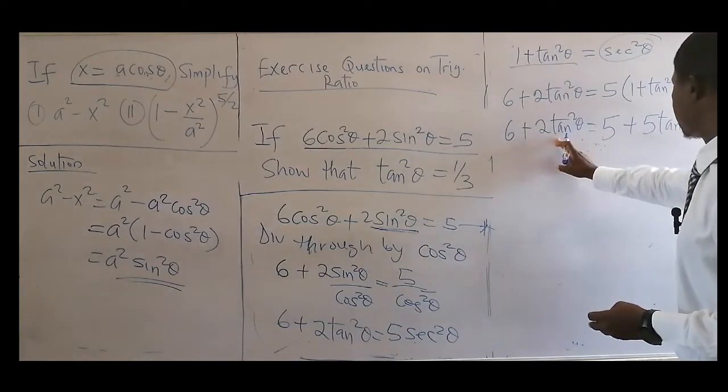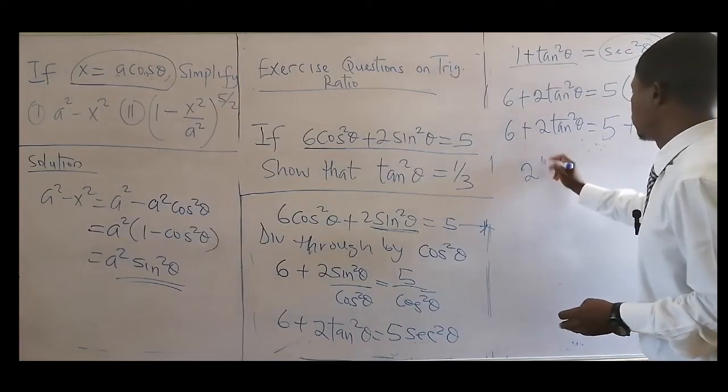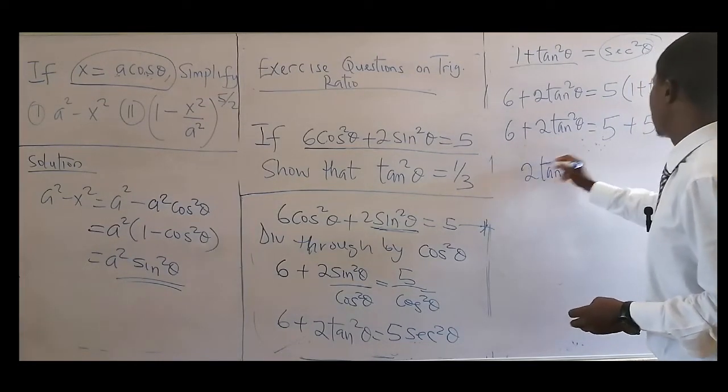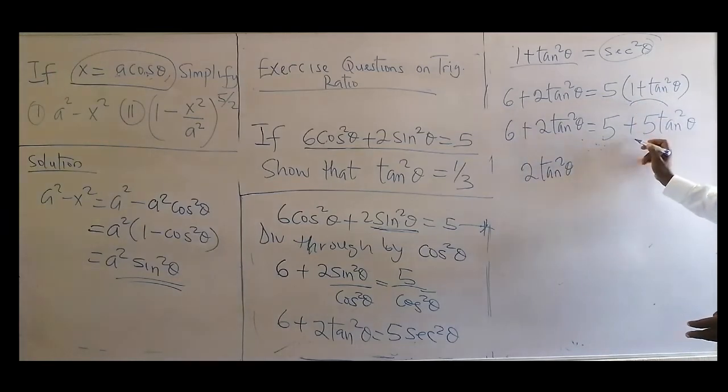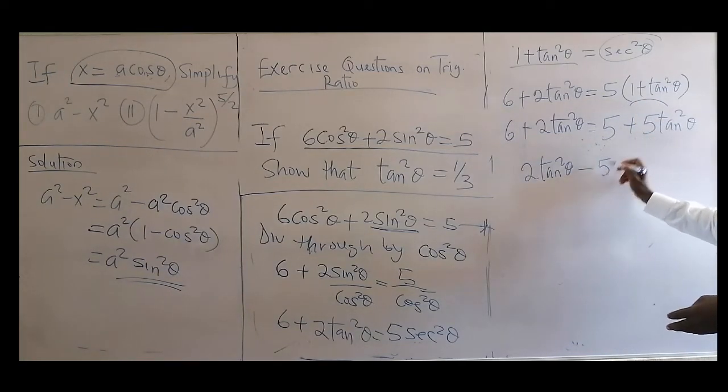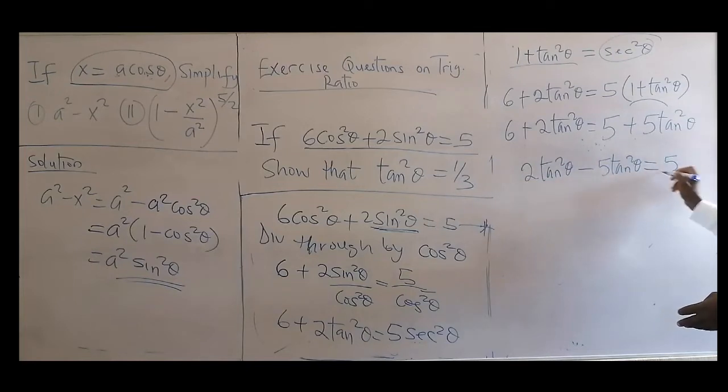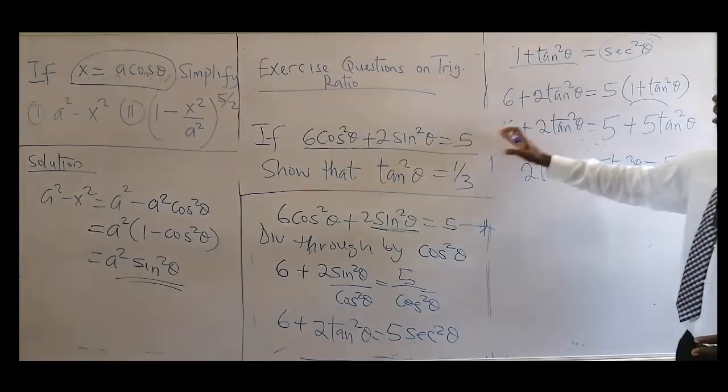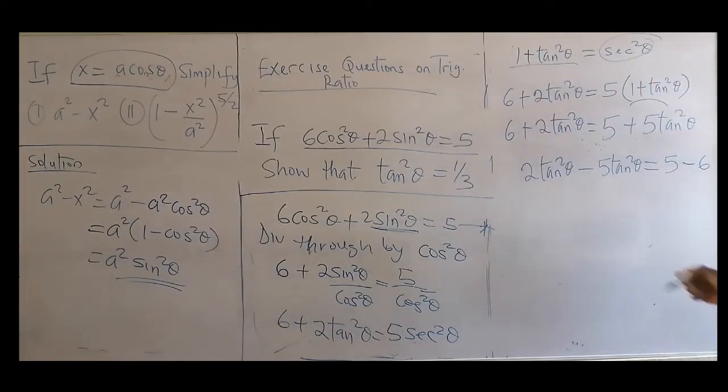So we have 2 tan squared theta. This one, let's go to the other side. It's plus, it becomes negative 5 tan squared theta equal to 5. This 6, let's move to the other side. When you go to the other side, it becomes minus 6.